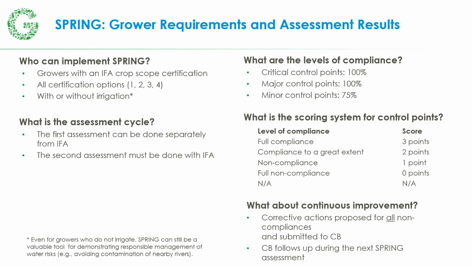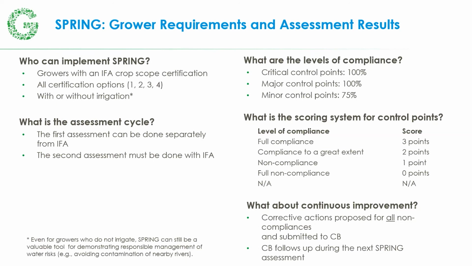Then, what are the levels of compliance? This is a really long topic when we give the training because it's more complex. I try to simplify as much as possible here for you. Spring has different levels of compliance for each requirement. There is no major, minor, and recommendation like in IFA.